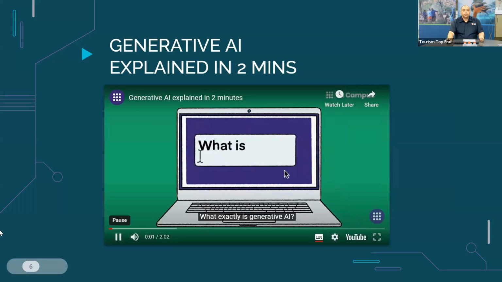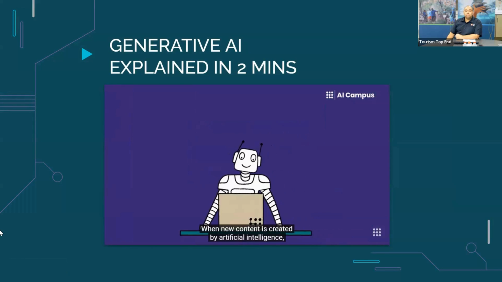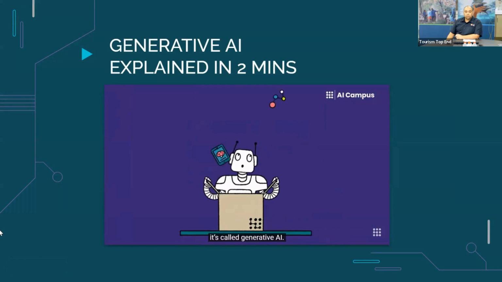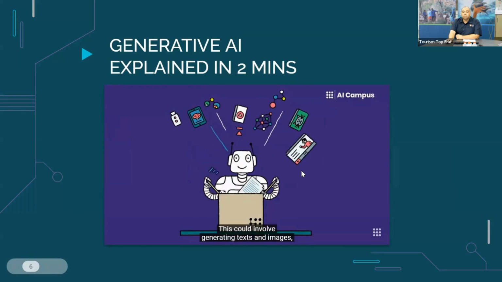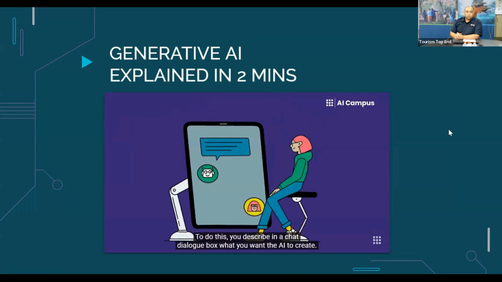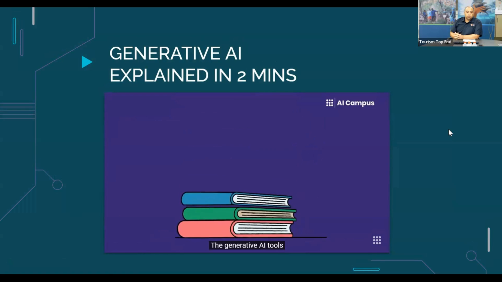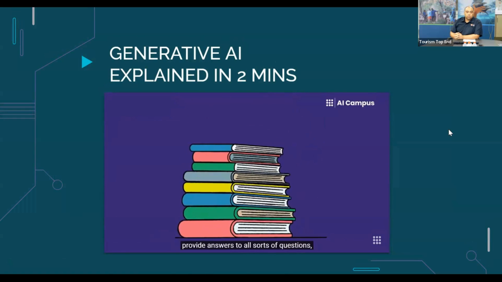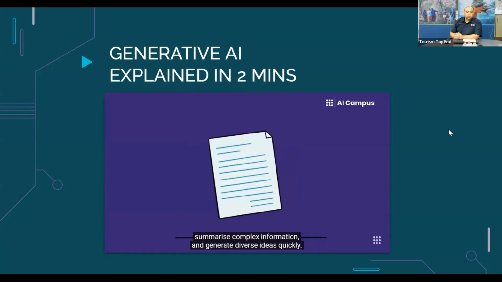What exactly is generative AI? When new content is created by artificial intelligence, it's called generative AI. This could involve generating texts and images, as well as videos, music, or voices. To do this, you describe in a chat dialog box what you want the AI to create. This description is called a prompt. The generative AI tools provide answers to all sorts of questions, summarize complex information, and generate diverse ideas quickly.